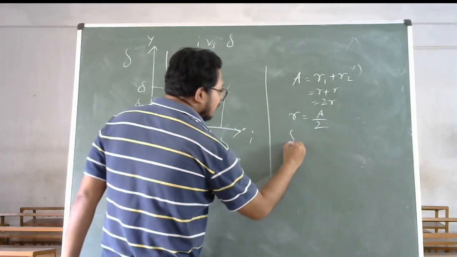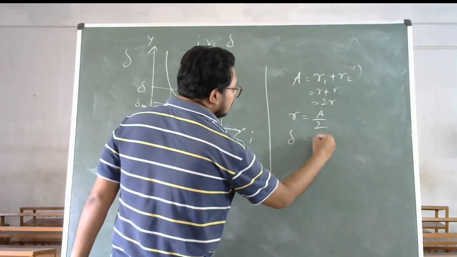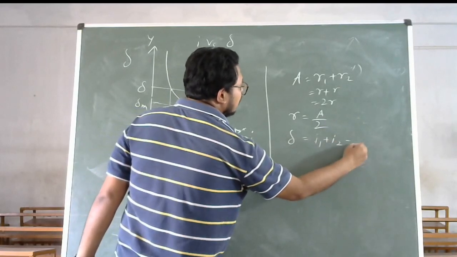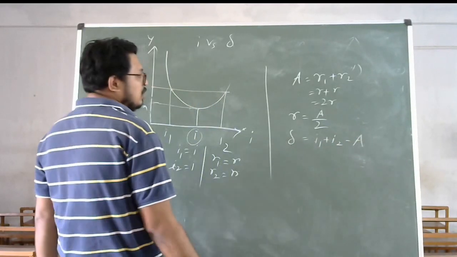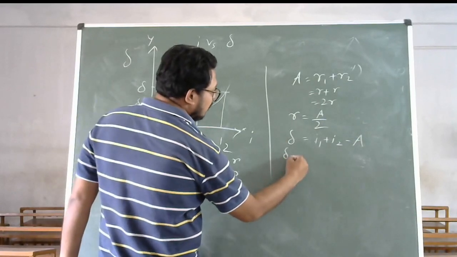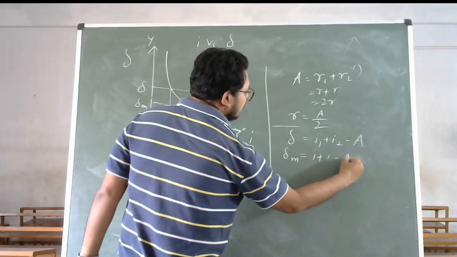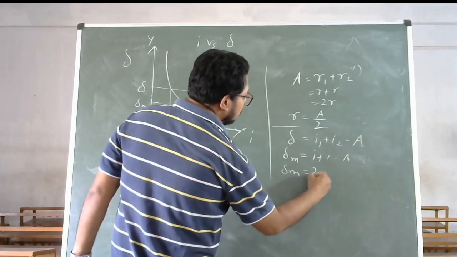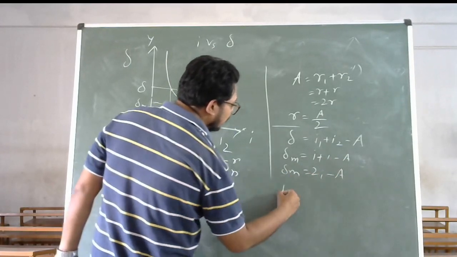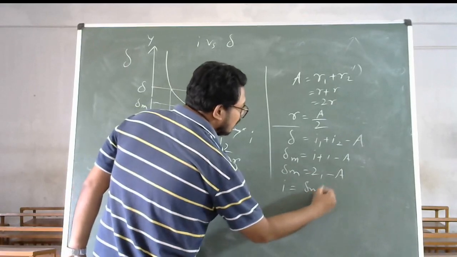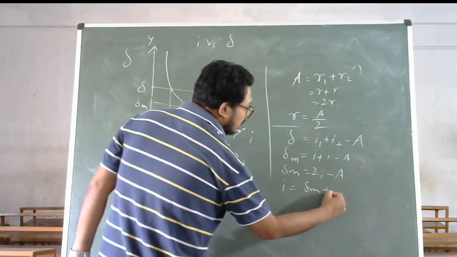And for D we know that it is I1 plus I2 minus A. So from here, for delta minimum, we get I plus I minus A, so delta M equals 2I minus A. From here we can find I equal to (delta M plus A) by 2.